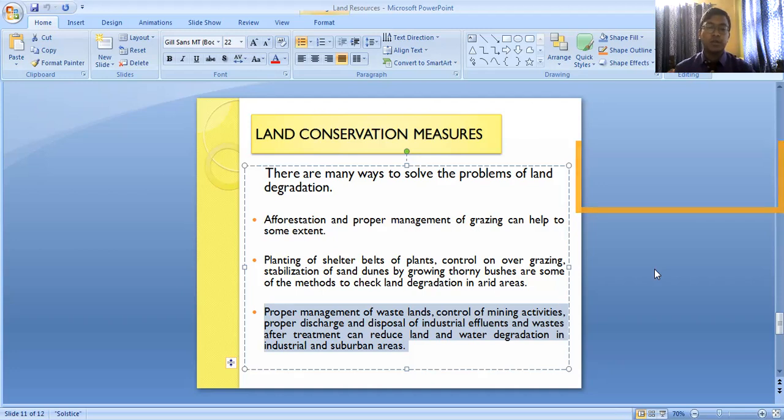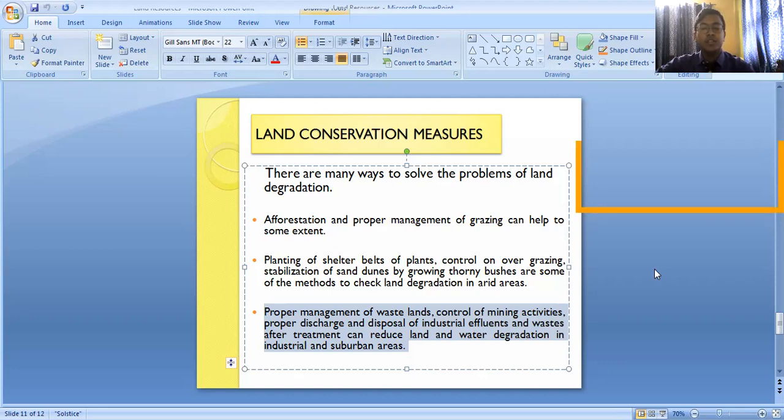Before dumping them, they should be properly treated, so that the areas where this waste is dumped do not suffer much pollution. So proper discharge and disposal of industrial effluents and waste after treatment can help reduce land degradation and water degradation in industrial and suburban areas.